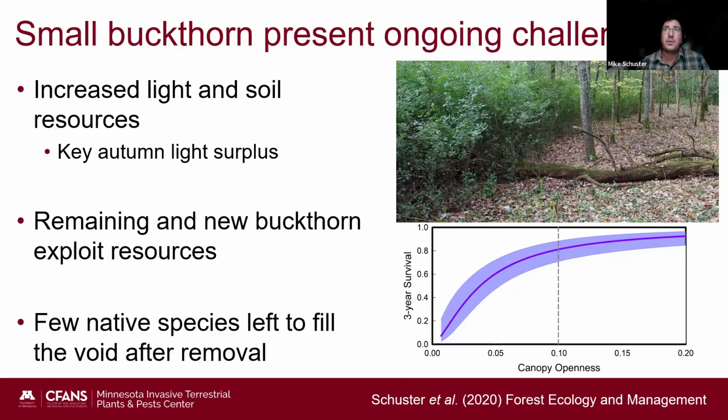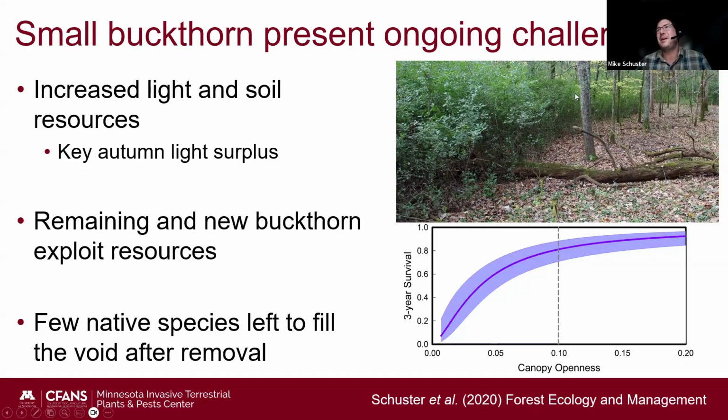And so these small buckthorn really do represent an ongoing challenge over a broader timeline compared to those resprouts, which are right there right away. We need to deal with them fast. But those little guys, those are the long-term, more sinister threats. We're getting into Halloween time, right? They're spooky like that.